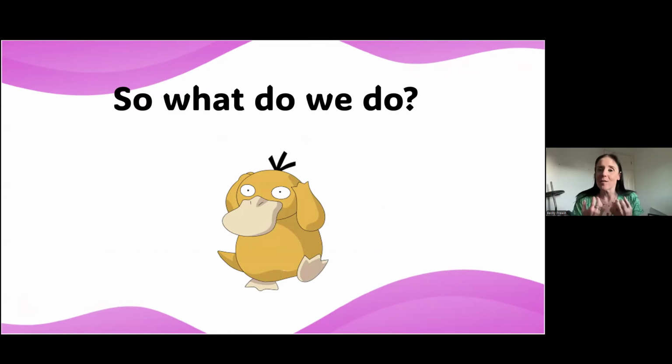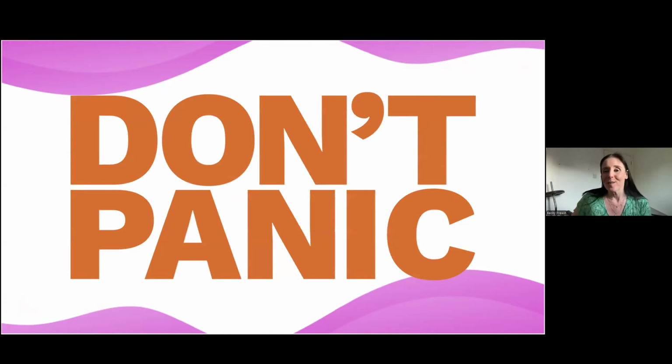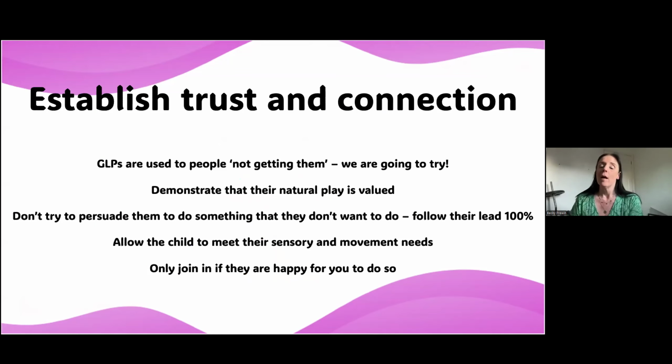And that can sometimes feel really quite scary when you're the grown up and you're meant to have all the answers. So, having a few tips and tricks on how to approach a stage one Gestalt language processor can be really, really helpful. So, I think the first thing to do is not to panic. I think some of us can kind of do that and just go, oh, and really pull away, not in a horrible way, but in an I don't know what I'm doing kind of way.